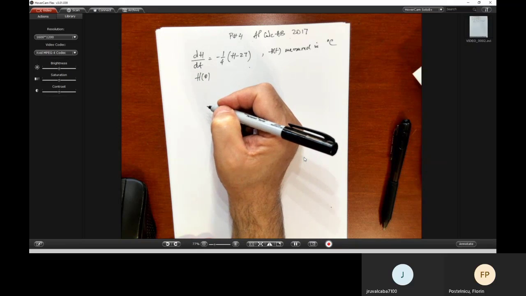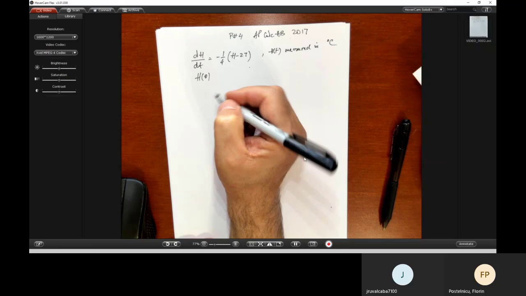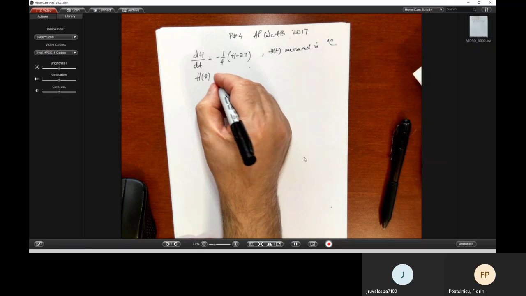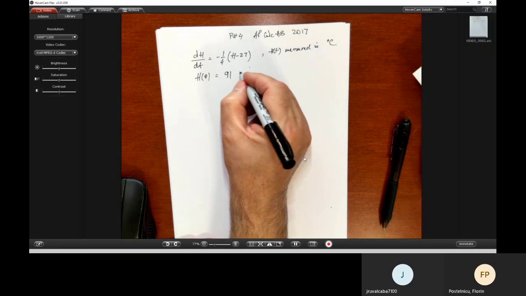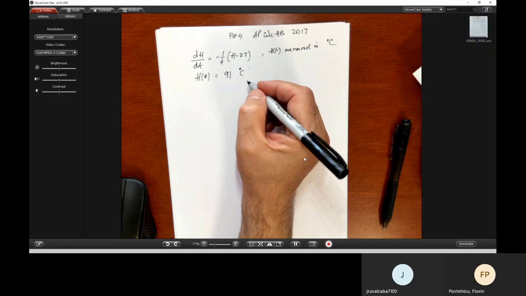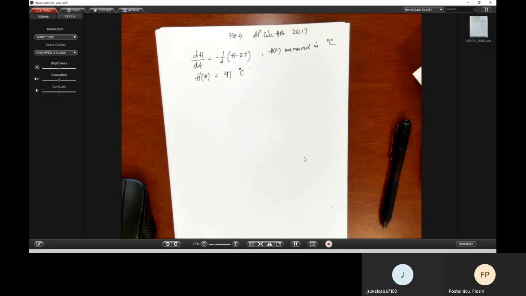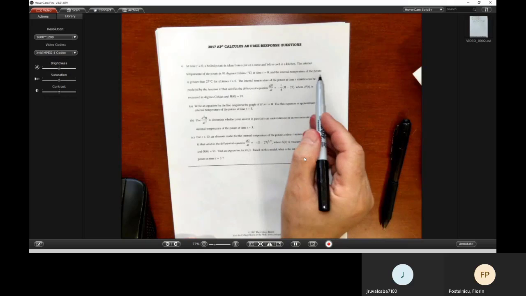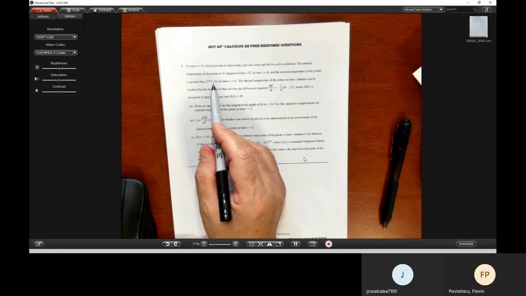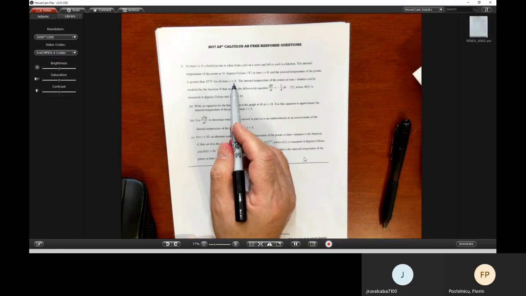And there is a second piece of information. The internal temperature of the potato is greater than 27 degrees Celsius for all times t greater than 0. I insist right here that time is measured in minutes. So I'm writing that condition as well for time greater than 0.